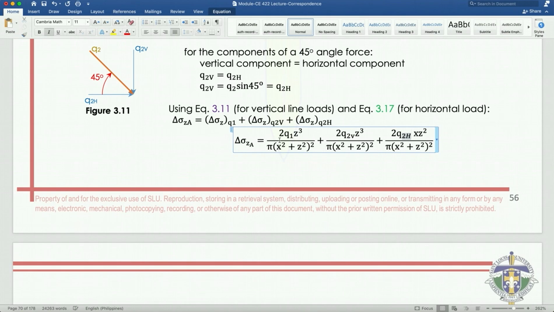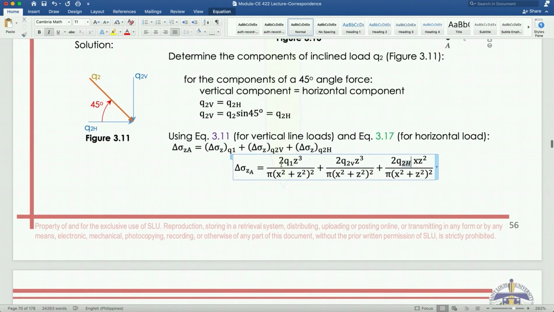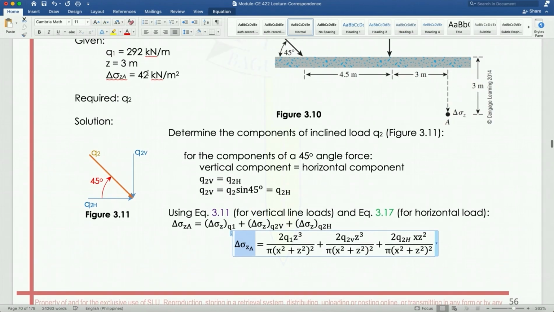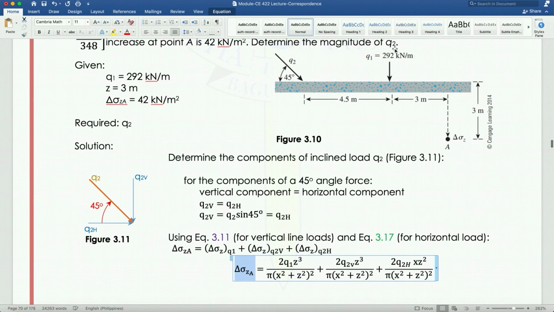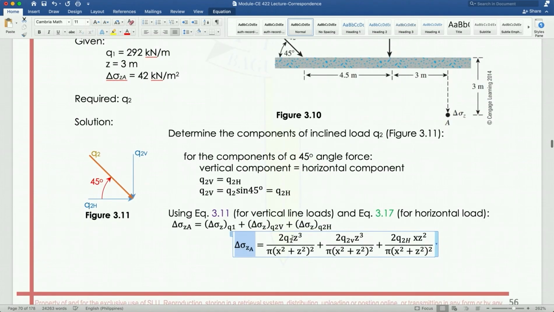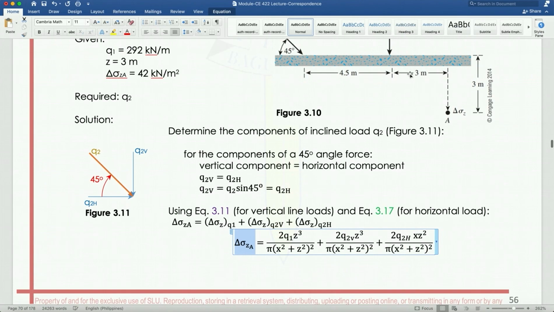Now we will substitute our values. We already know the value of delta sigma z at A, which is equivalent to 42 kilopascals. Q1 is 292, z is 3 meters, x is 3 meters.